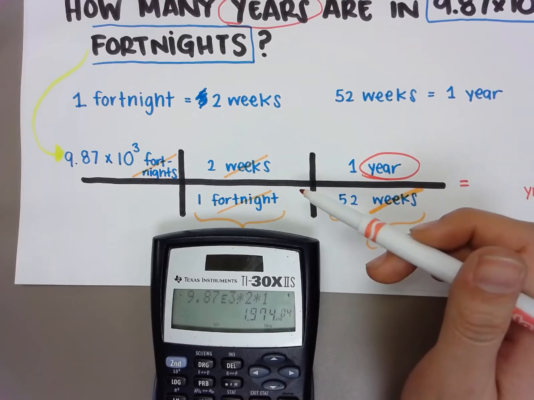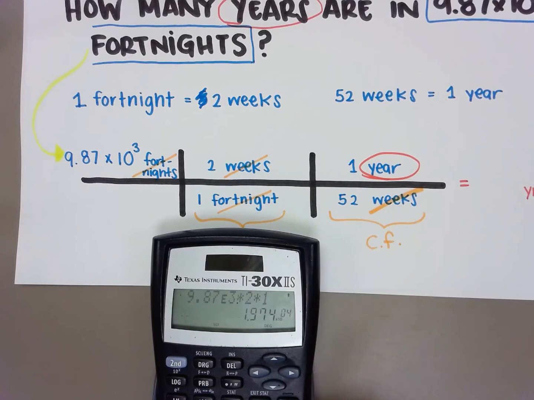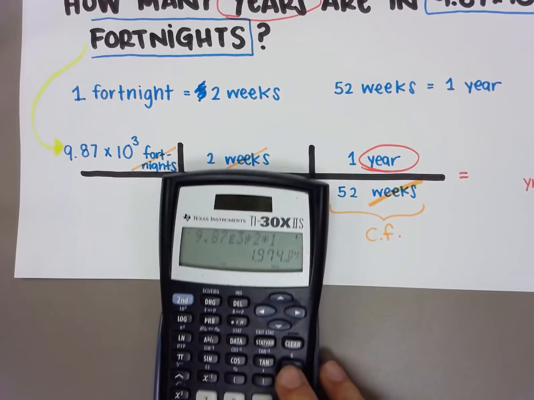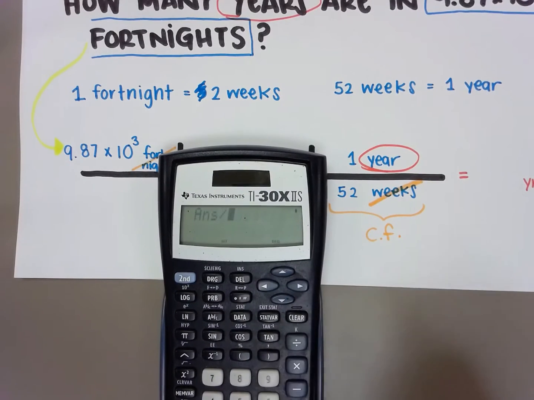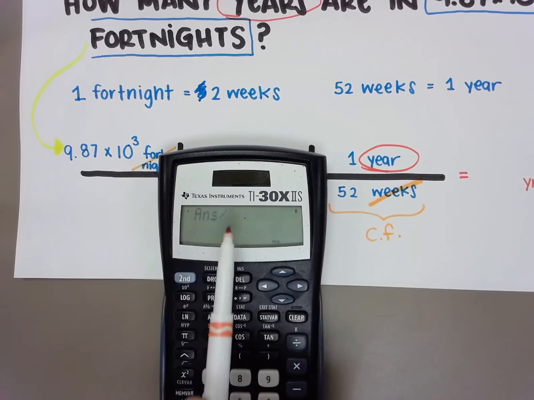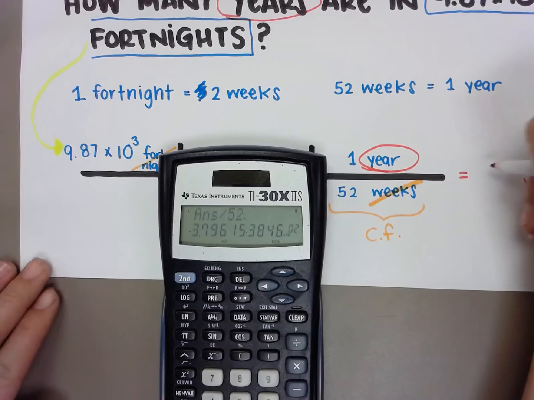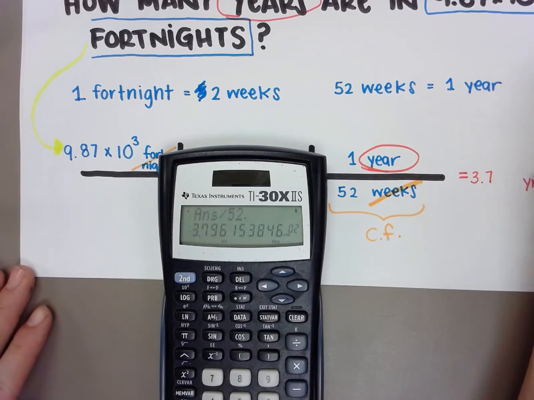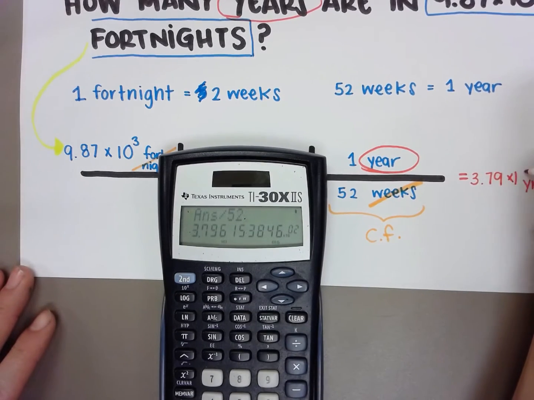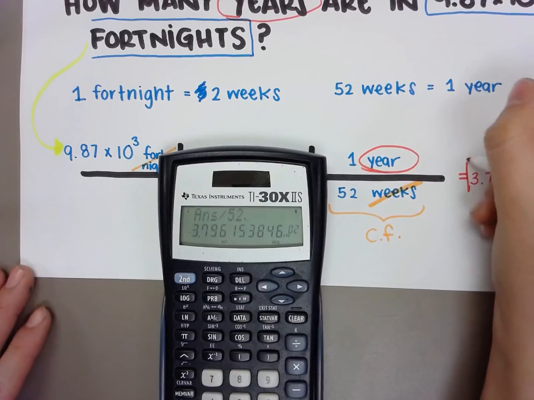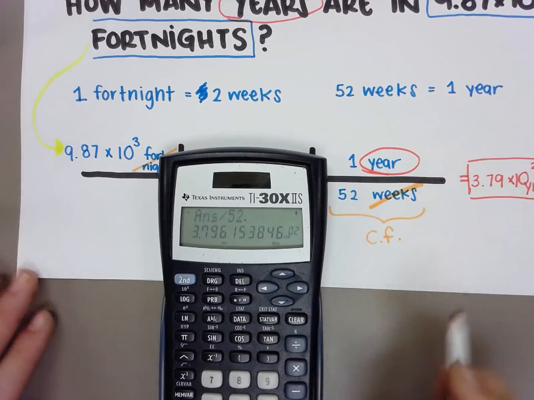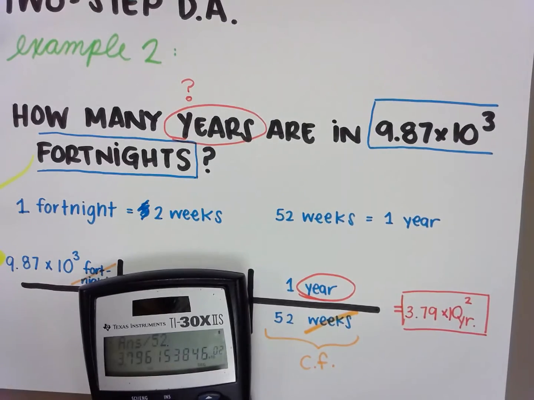I know that 1 times 52 is just 52, so in my scientific calculator I press the division sign, which keeps the numerator answer at the top. I divide by 52, and my answer is 3.79 times 10 to the second power. That's how many years are in that many fortnights.